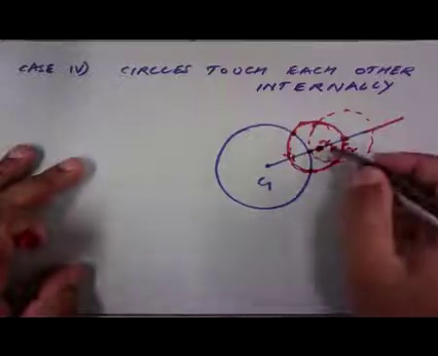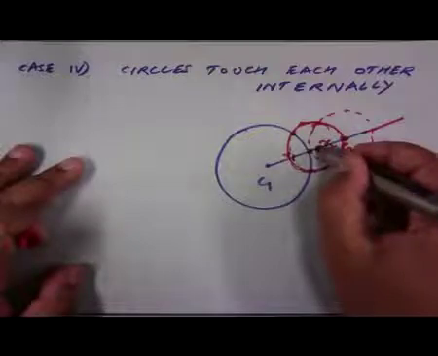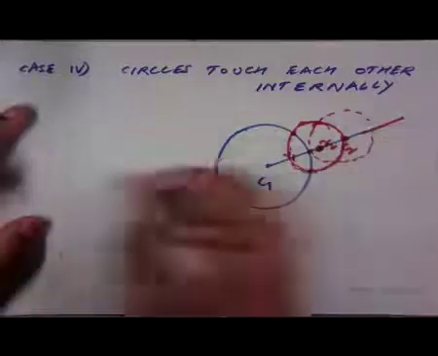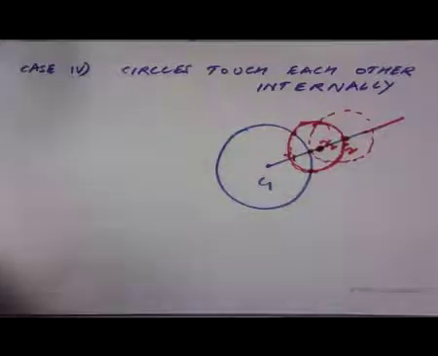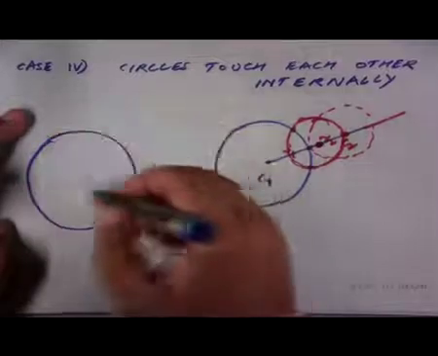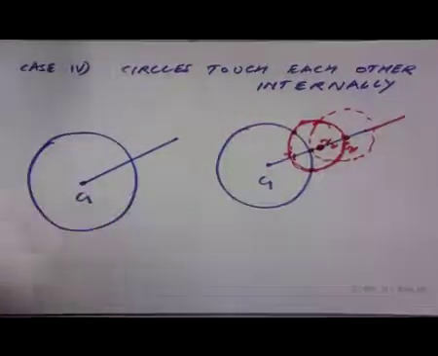And then if we further move the center of this circle, C2, towards C1 along the same line in such a manner that the second circle touches the first circle internally.